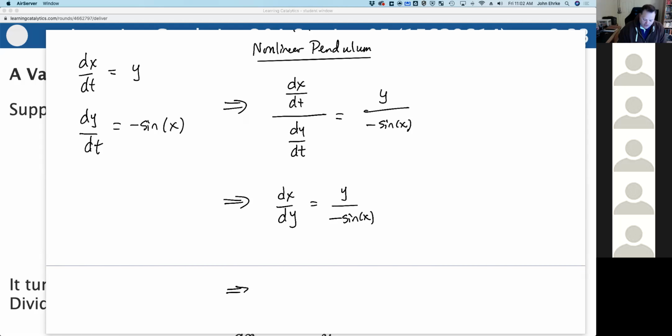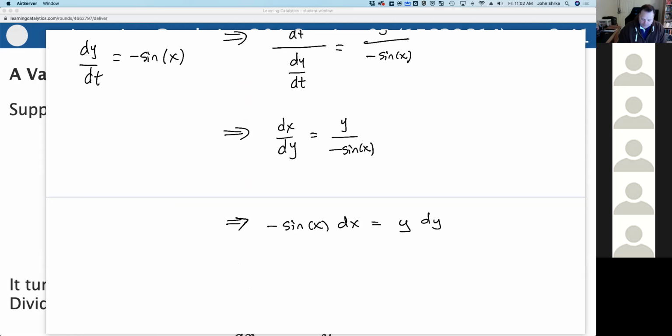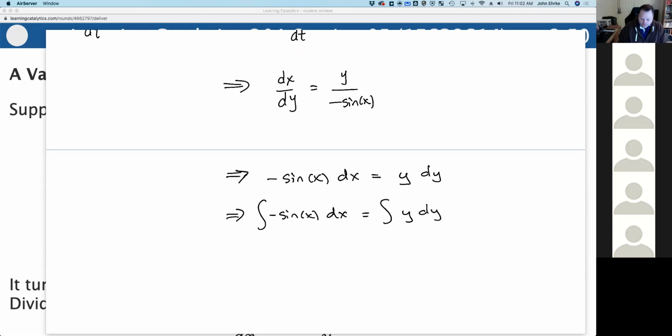If I was to go ahead and do a little bit more with it, we've got negative sine x dx would be y dy. If you integrate both sides, the antiderivative of minus sine is cosine.